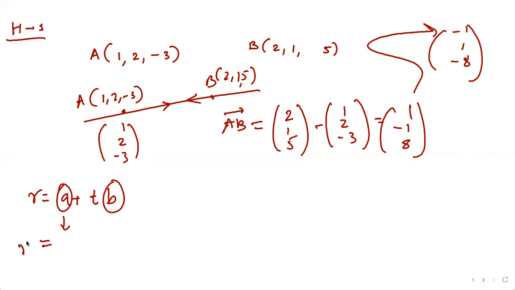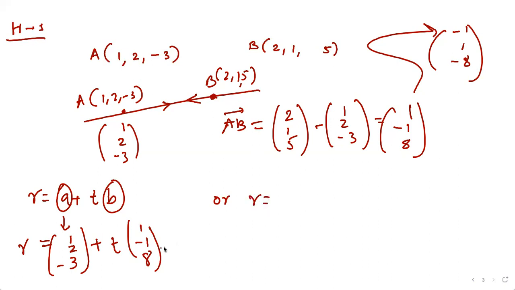Now, the final equation is going to be r is (1, 2, -3) plus t times the direction vector, which I can take as (1, -1, 8). The other way you could write the equation is to take B as my initial point. So my new equation can be (2, 1, 5) as the initial point, plus, let's say, a different parameter s. Whether somebody starts from here and goes along this line, or starts from there, it's okay.